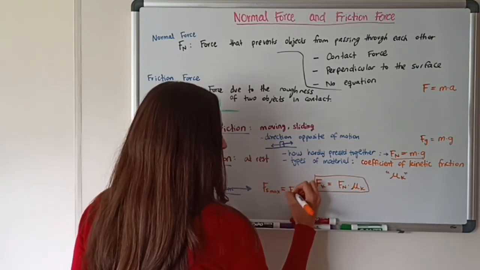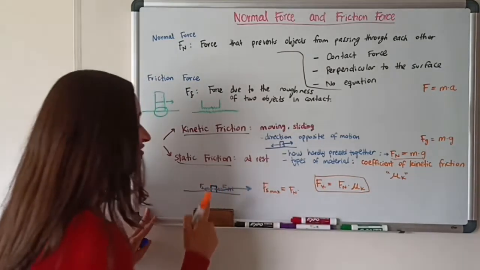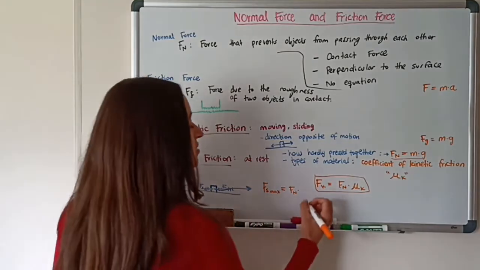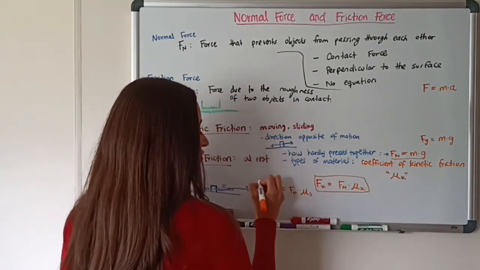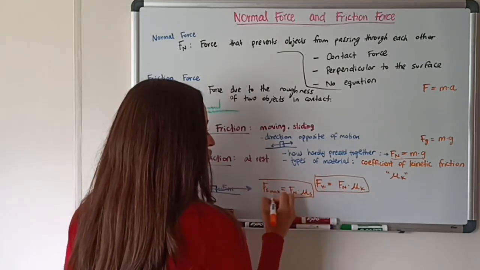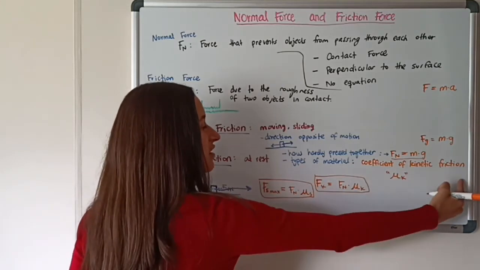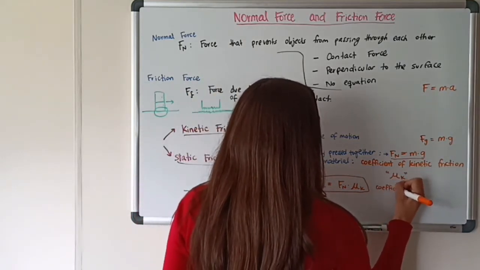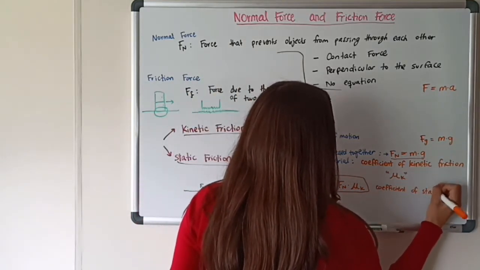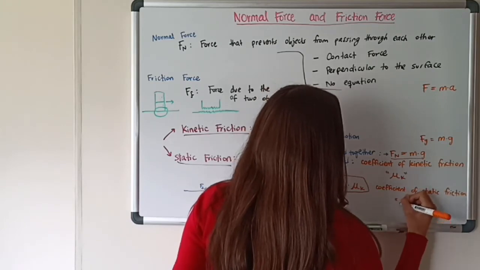So of course it depends on normal force as well, how heavy that box is, and it depends on another coefficient, which is similar, but it's for static friction. So we have the coefficient of kinetic friction mu k, and we have the coefficient of static friction, mu s.